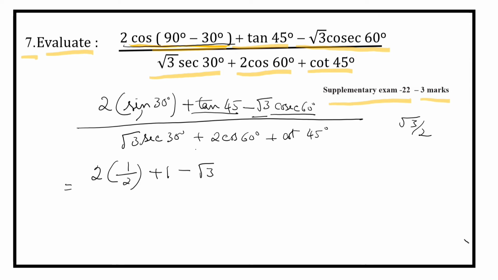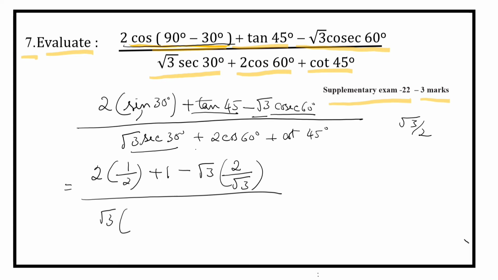So cosecant 60 is 2 by root 3, upon root 3 secant 30. Secant 30 degree is how much? It is the reciprocal of cos ratio. So cos 30 is root 3 by 2. So secant 30 is 2 by root 3.